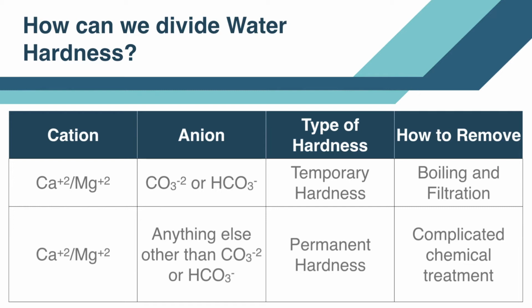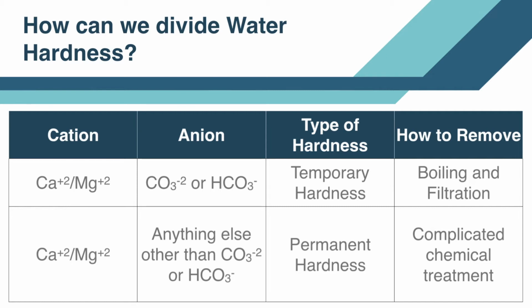Similarly, permanent hardness can also be defined in two different ways: other than carbonate and bicarbonate, any other anion can combine with calcium and magnesium to cause permanent hardness, or the hardness which cannot be removed simply by boiling and filtration, which needs to be removed by some complicated chemical treatment method, I will call permanent hardness.